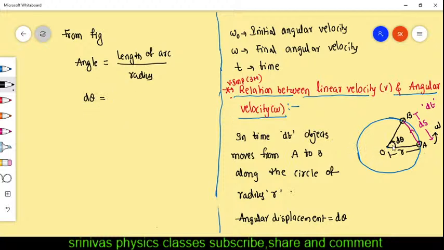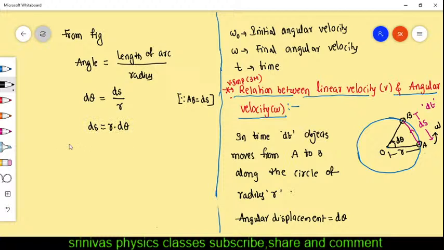See the figure. This is the angle, and the arc is AB. But arc length is nearly equal to this displacement straight line length. So we take length of arc as ds. Actually it is AB, but AB is nearly equal to ds from the figure. ds by radius r. From this we get ds is equal to r d theta.